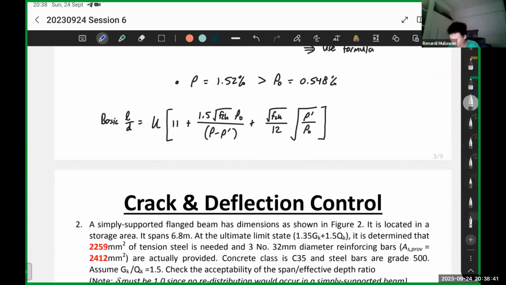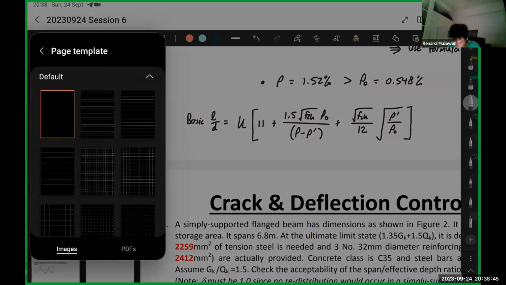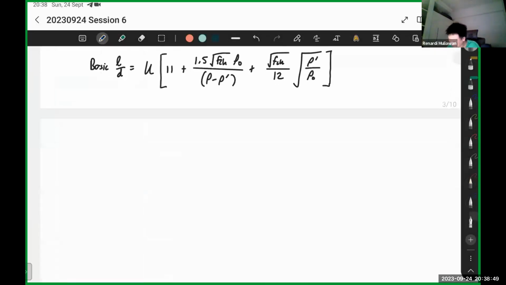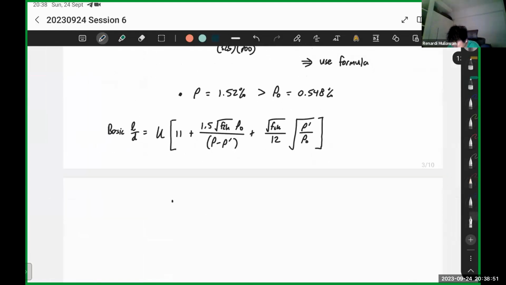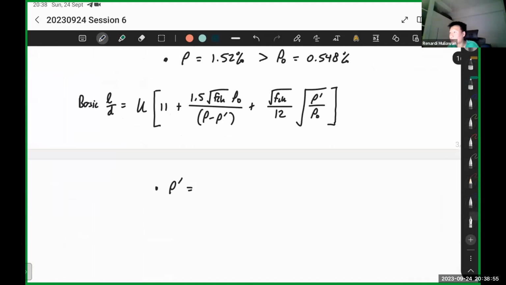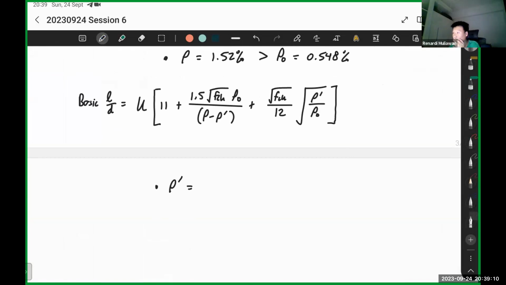I don't know why they apparently don't give that, but interesting. Anyways, I'm referring to the tutorial solution because they don't give the AS required here. It's quite weird.